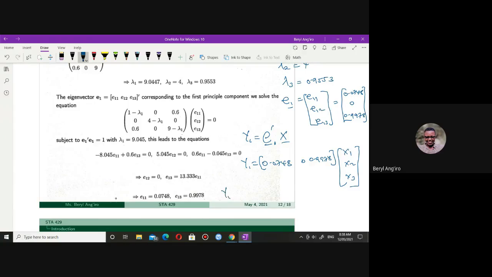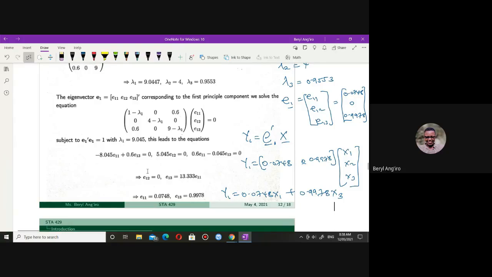So this means that Y1 is 0.0748 X1 plus 0.9978 X3, because the second one we have a 0. So this is the first principal component.